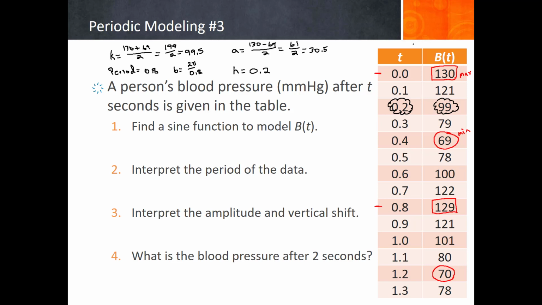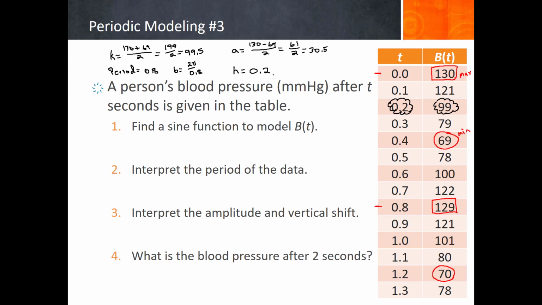And one thing we should observe in this particular problem is that when our blood pressure is 99 at 0.2 seconds, notice that the blood pressure is decreasing from 121 down towards 79 and even to 69. So because of that, when we write our amplitude in our function, it's going to be a negative amplitude.